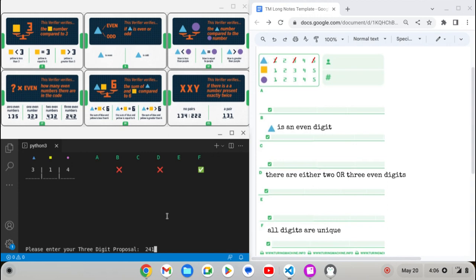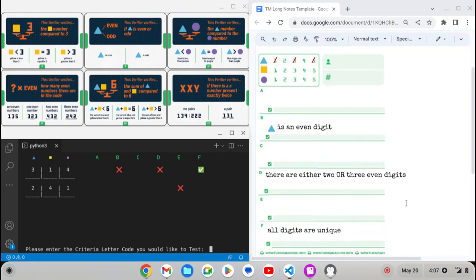2, 4, 1. Okay. So again, I'm going to test criteria card E for the sum. Okay, so the Turing machine does not approve of the sum being 6. So that means that the sum is either less than 6 or greater than 6.